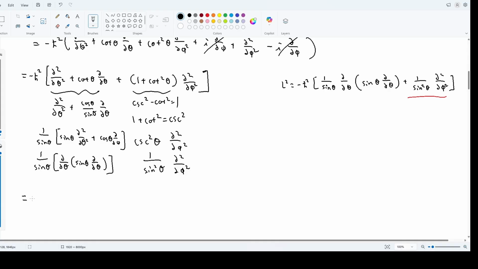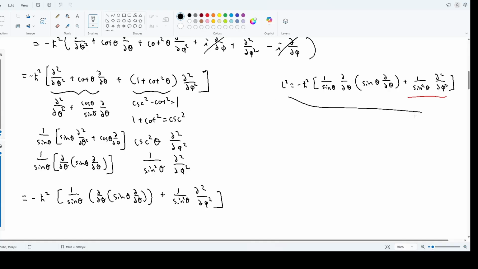So that means that this is now equal to negative h bar squared, 1 over sine theta, d by d theta of sine theta d by d theta, and then this is added with 1 over sine squared theta d2 by d phi squared, and this is exactly what we have up here. Therefore, we have matched it, and we are done with this problem.